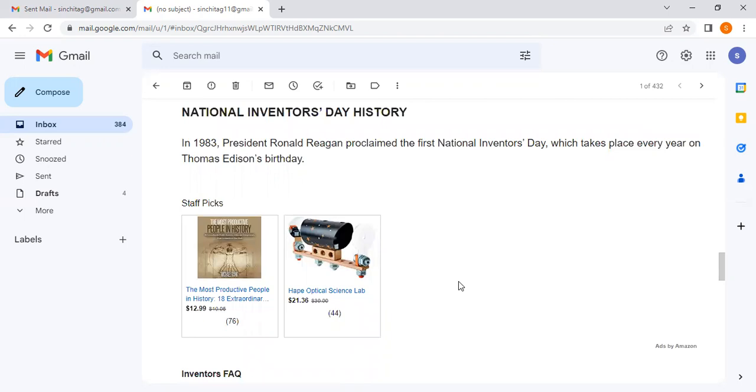Yes, very good. Now read it. In 1983, President Ronald Reagan proclaimed the first National Inventors Day, which takes place every year on Thomas Edison's birthday. Excellent.